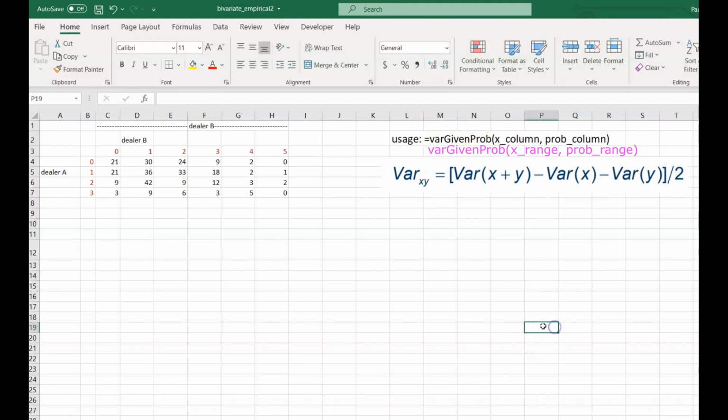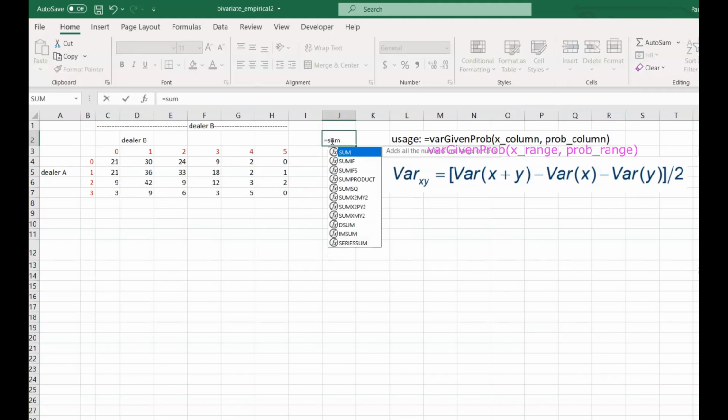The first step is we calculate how many days. We know it's 300, so equal to the summation of all the days.